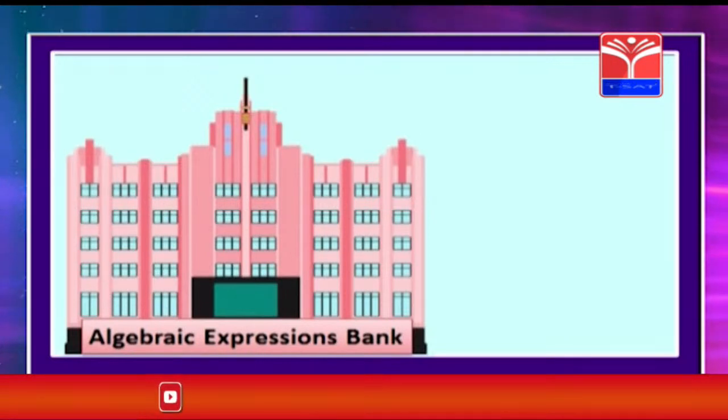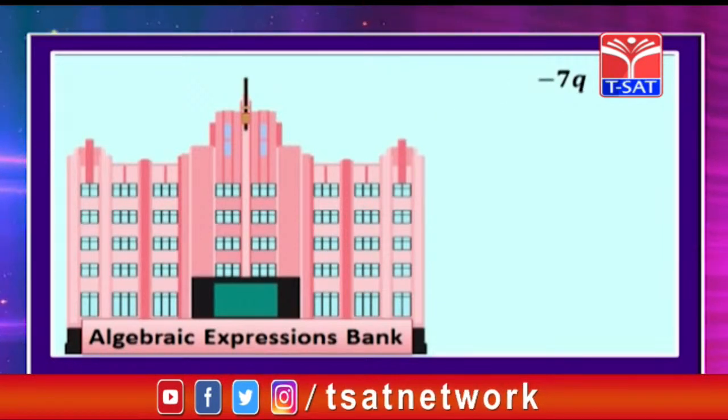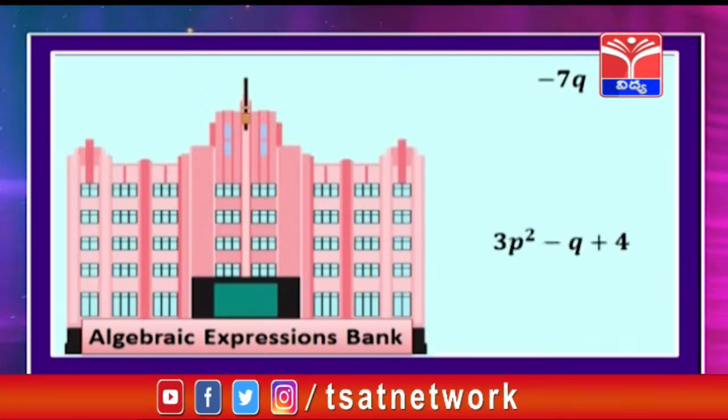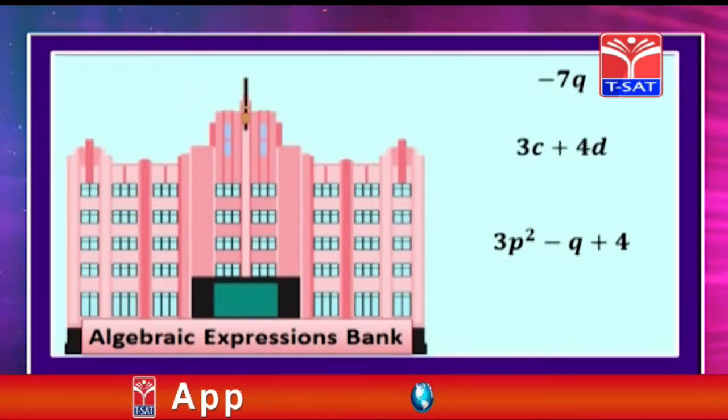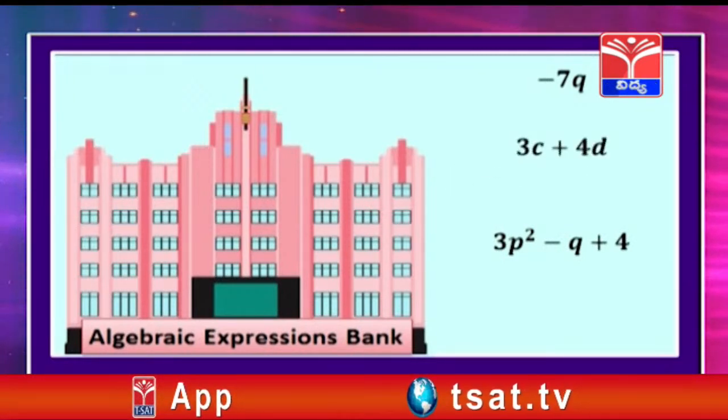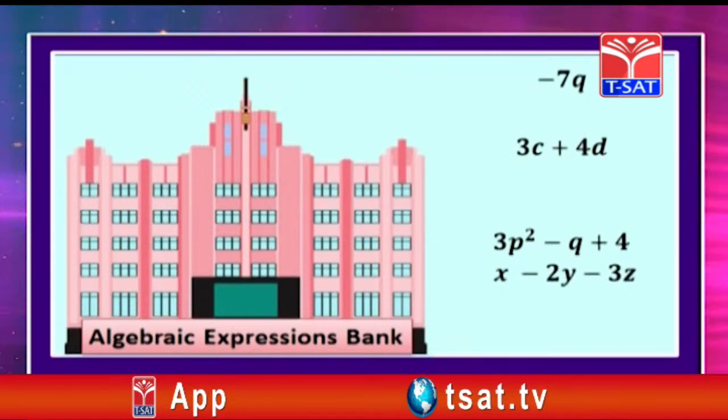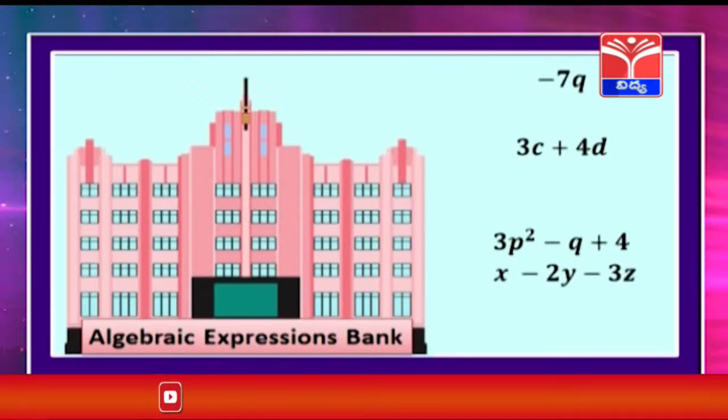Now children, let us see an algebraic expressions bank here, which contains a lot of algebraic expressions. Now they are coming out one by one. Let's see, children. So the first one I see is minus 7q, the second one 3p square minus q plus 4, third one 3c plus 4d, and the next one is x minus 2y minus 3z. So it has three terms, so I am writing it just below this.